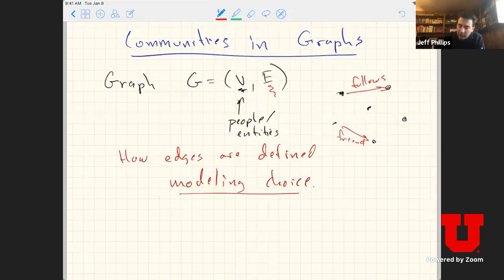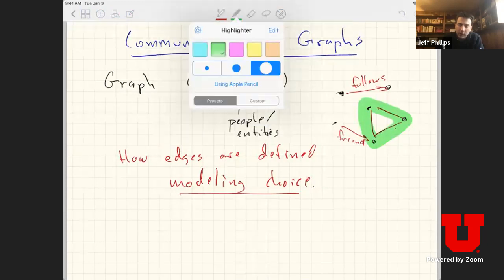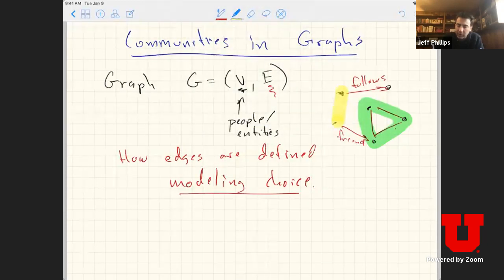Okay, so now we have all these edges in this graph, and what we would like to do is find this kind of structure where there's a tight relationship, where there are a lot of edges between these nodes on the graph, and where I don't necessarily want to include something like this, right?